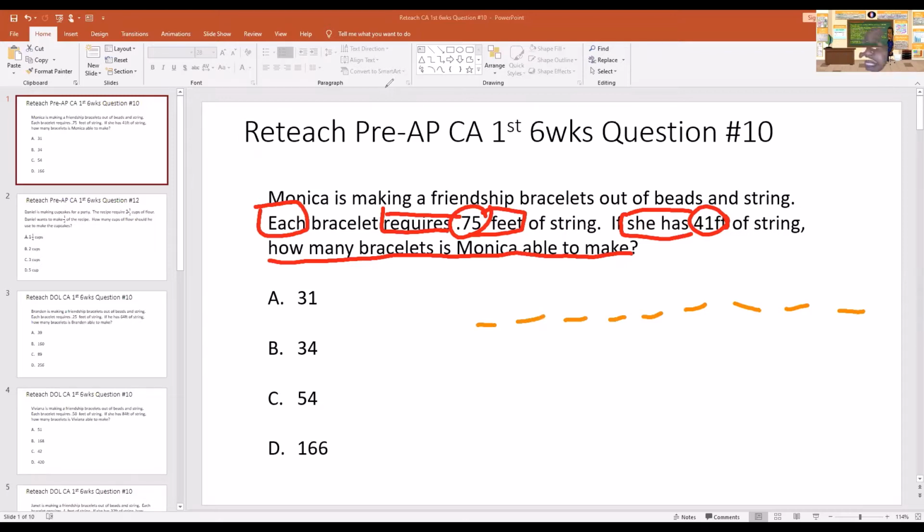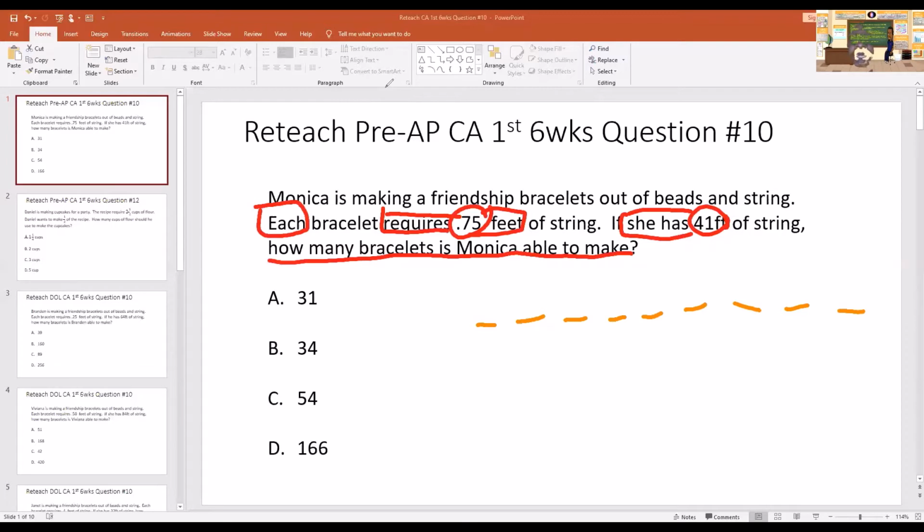When I look at this, it looks like I'm dividing the string up. I'm not multiplying the 41 feet of string. I'm dividing it up into pieces. So I am going to divide.